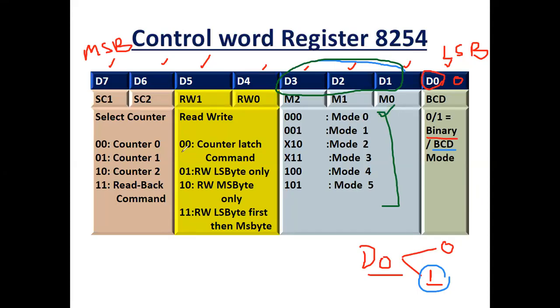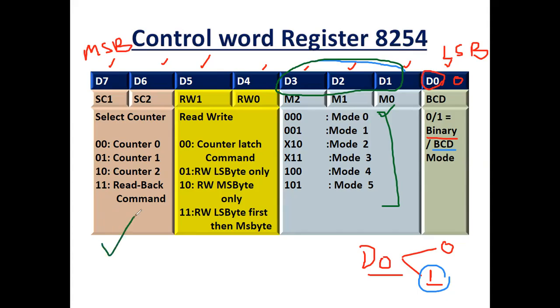If these two values, D4 and D5, are 00, then it is the counter latch command. 01 is read/write LSB byte only, 10 is read/write MSB byte only, 11, and so on.